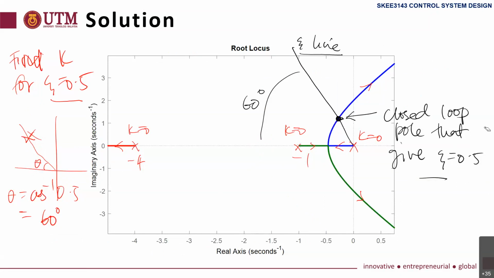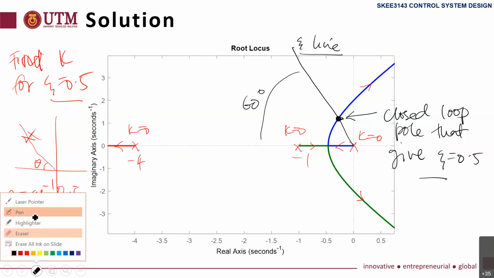Anyone can help? Have you tried? Do you get any value? No response, meaning perhaps you did not do it.